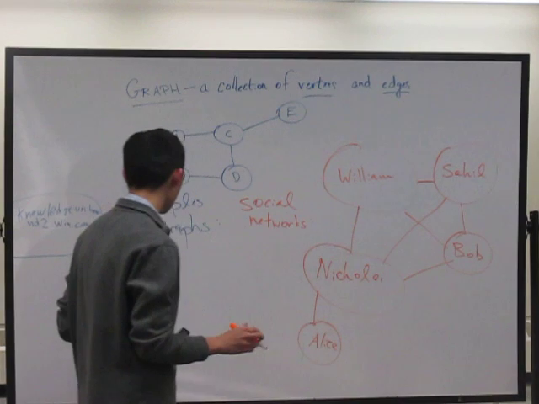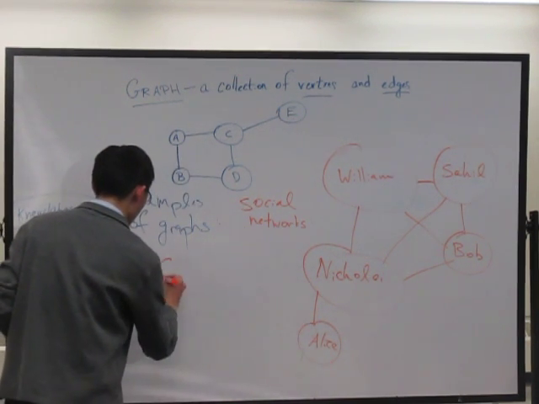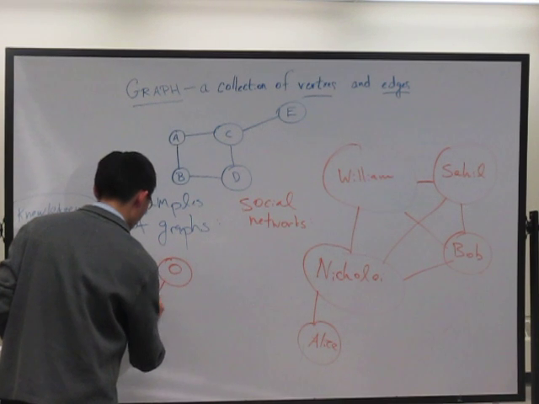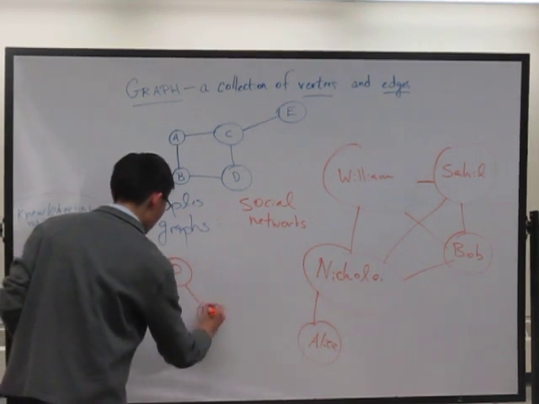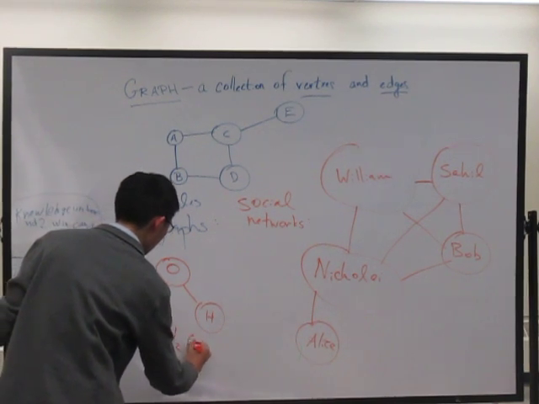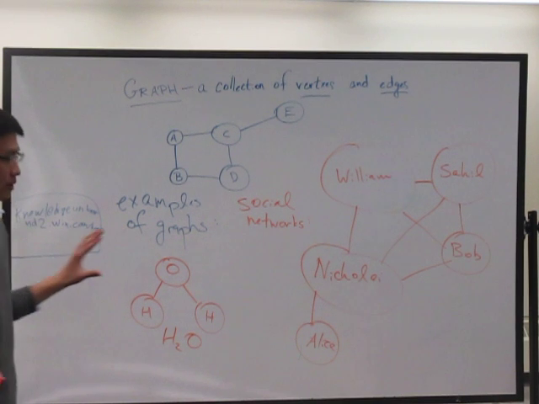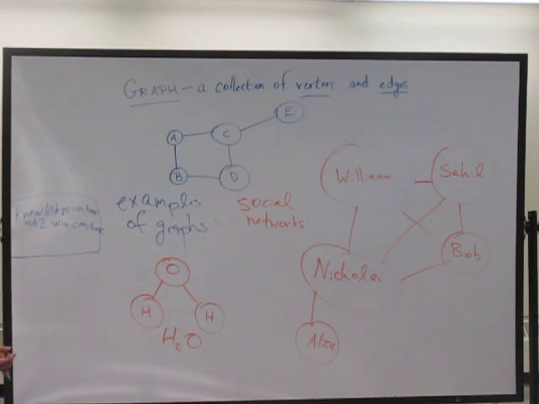Okay, so this is just modeling. Other things you can model, just real quick, something like this. I'm sure you've all seen this before. This is also known as H2O, or water. It's also a graph. There's this whole field called chemical graph theory, where they try to integrate math and chemistry together.